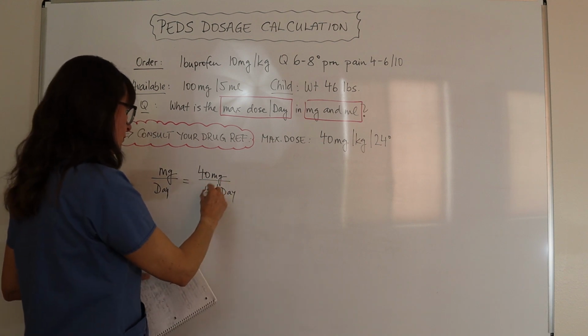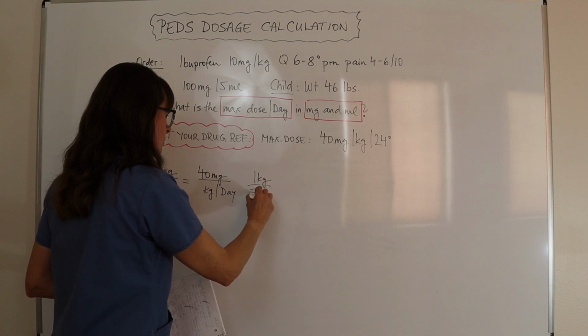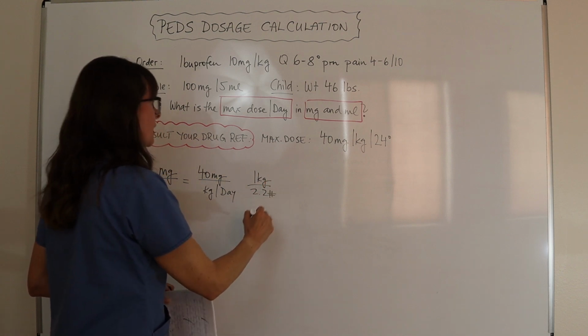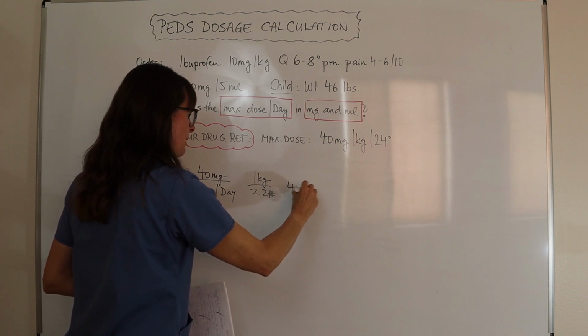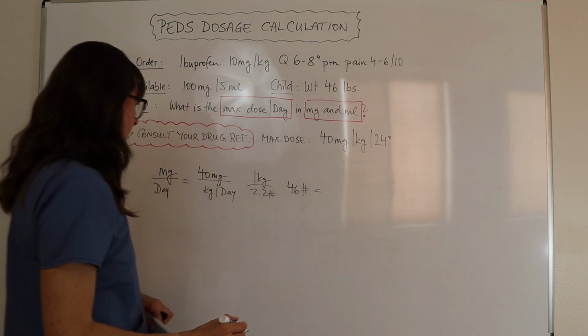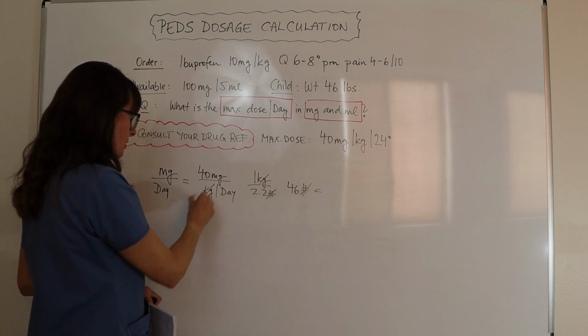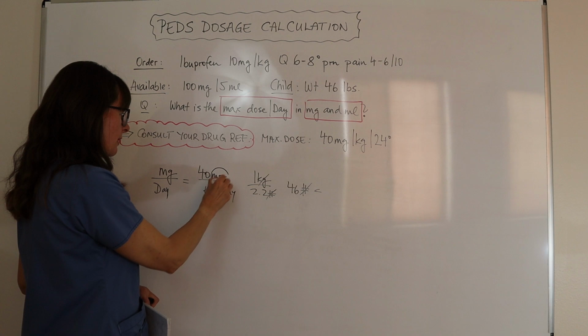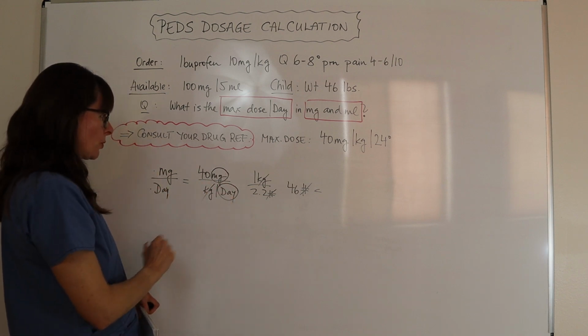And then we have to have our conversion from kilos to pounds, and then we put in our patient weight, so that is 46 pounds. With dimensional analysis, we'll cross cancel our units of measure, and we'll see what we are left with, which is milligrams per day, which is exactly what we're looking for here.